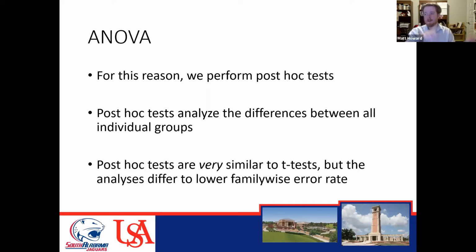When you run an ANOVA and follow it up with post hoc tests in Jamovi, and SPSS does this too, it will give you the post hoc test for each individual group comparison. So we'll compare group A and B, group A and C, and group B and C, but it does account for that family-wise error rate. So even though it's similar to a t-test theoretically, and in practice for that matter, it does differ based on accounting for family-wise error rate.